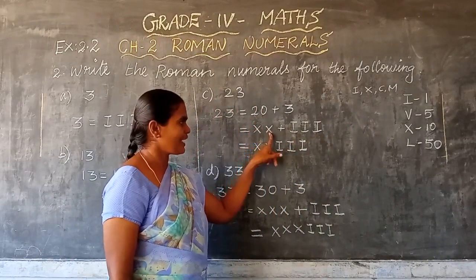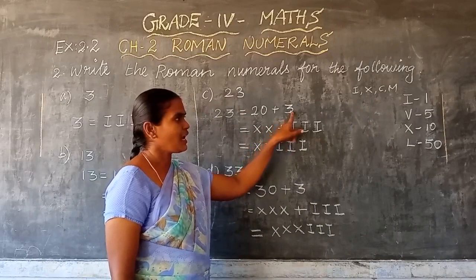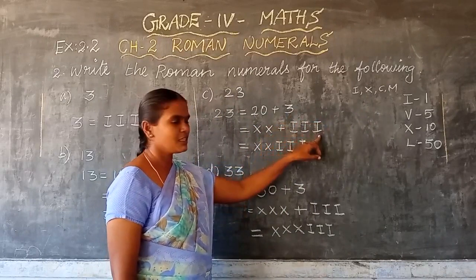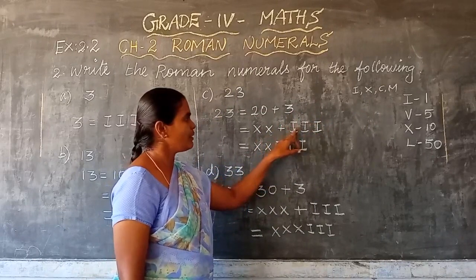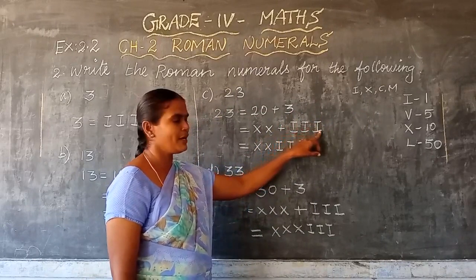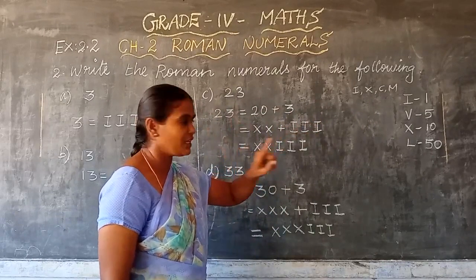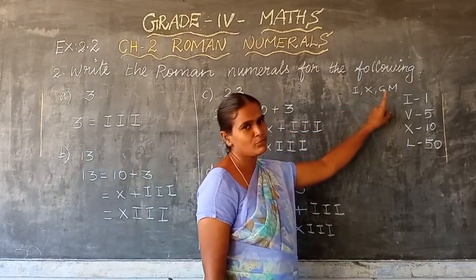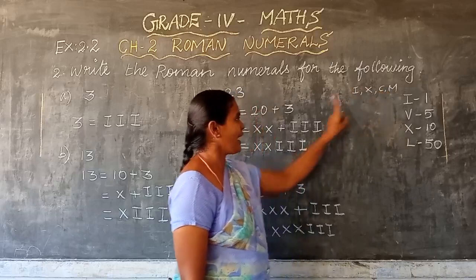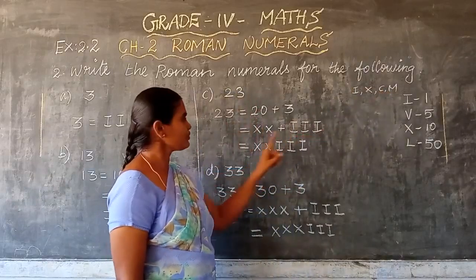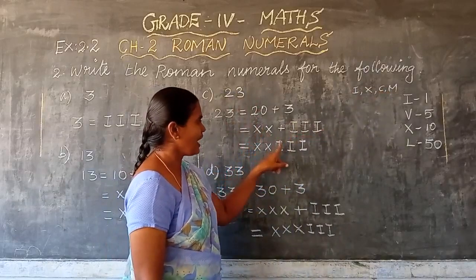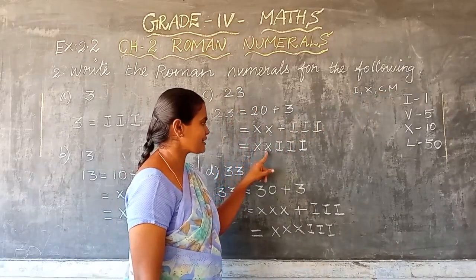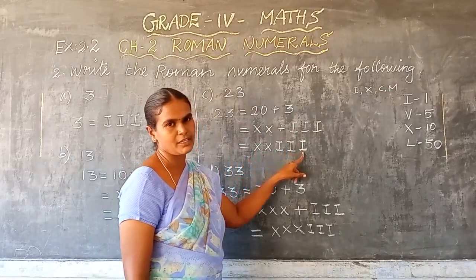So XX plus 3. I value 1, so I am writing 3 times. 1 plus 1 is 2, 2 plus 1 is 3. So first condition, I, X, C, M can be repeated maximum 3 times. So I am writing 3 times here. So XXIII. 23 equals XXIII.